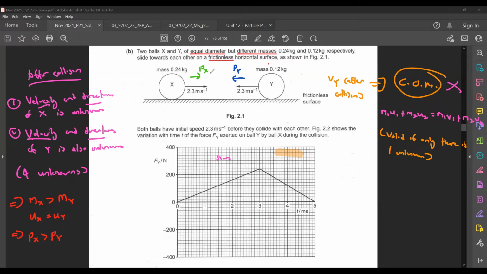But looking at how things are, these two initial velocities are the same for X and Y, but mass X is more than mass Y. Its mass is larger. Obviously, the momentum of X will be larger than Y. So from here, you can actually deduce one thing.